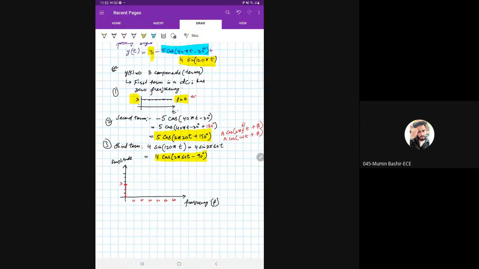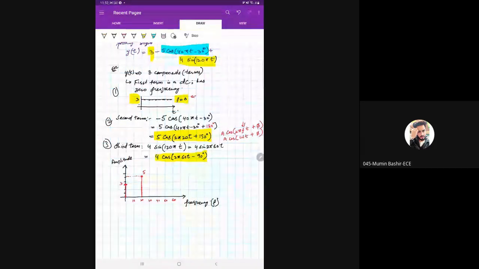Very good, it is 20. So at 20, you will have a line. What is the amplitude of this component? 5, very good. So it goes up to about this point. This is the second component.